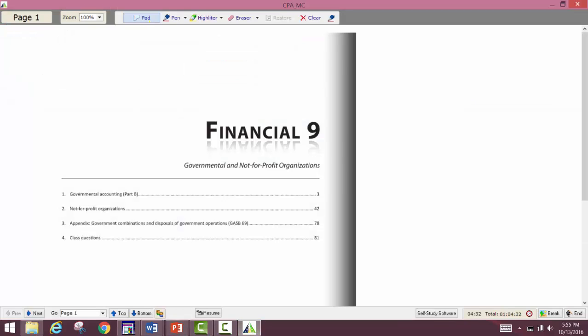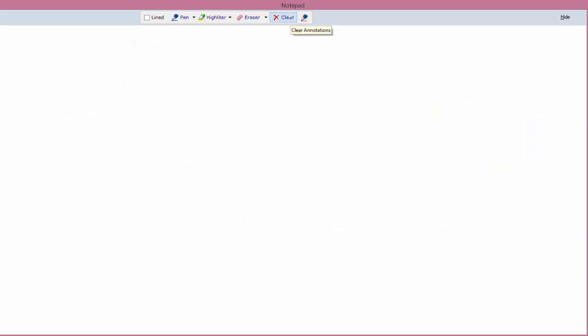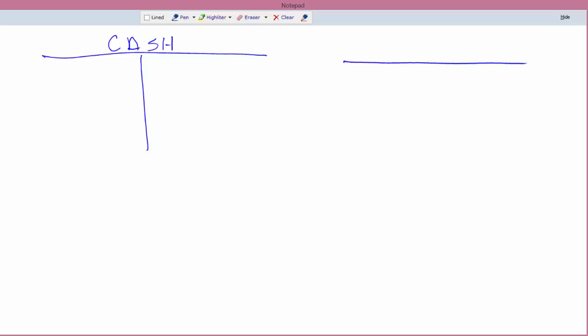So we go back to the pad. What accounts are we going to keep track of? Cash and what? Expenditure. Okay, we're just going to have to do it this way. This is a little clunky, guys, but it doesn't keep the side there if you do it the other way. So I'm going to just do it here.